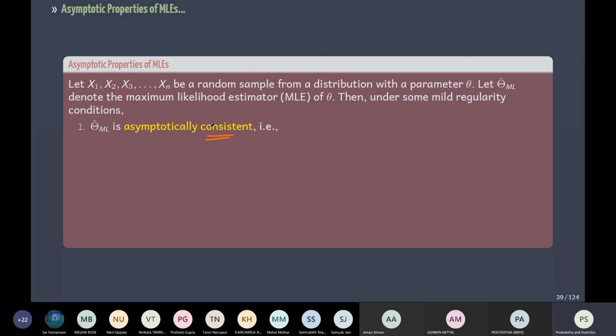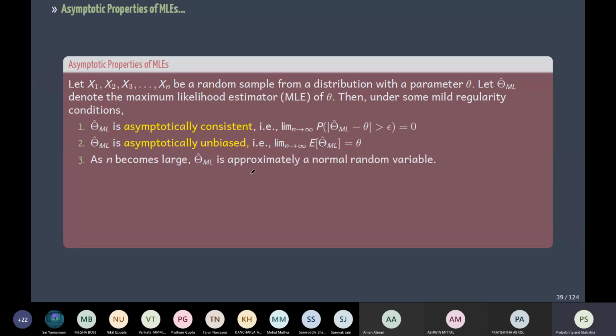That is the meaning of asymptotically consistent, which we have already seen before. It is also asymptotically unbiased. If you take the limit as n tends to infinity of the bias, it is 0. You can also put theta on the right hand side, and then it is equal to theta. So that's unbiased. And as n becomes large, theta hat ml is approximately a normal variable.